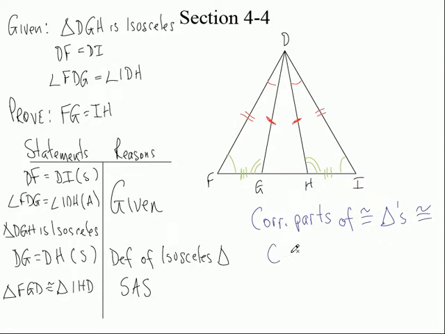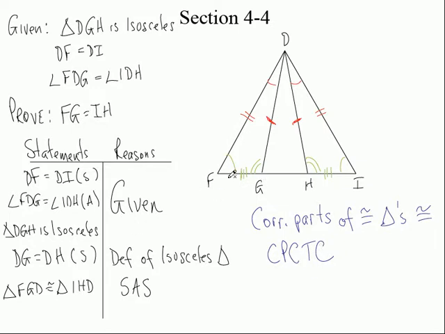So watch, it's corresponding parts of congruent triangles are congruent. That's the shortcut way of writing this, okay? But look what it stands for. This first C is corresponding. A lot of C's in here, right? The first C is corresponding parts. We don't have anything for the of, but of what? Congruent triangles are congruent, okay? First C is corresponding. The other two C's are congruent. And that's our reason.